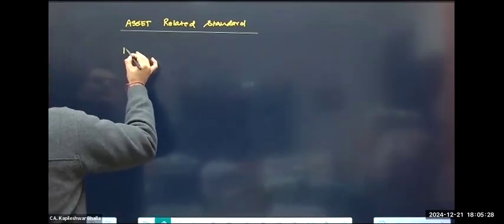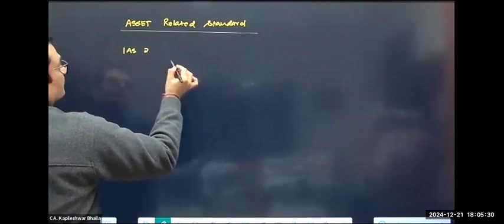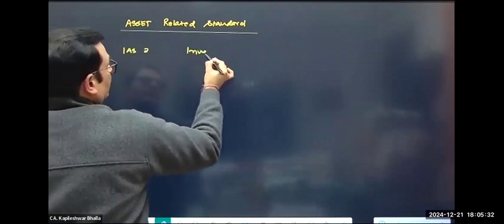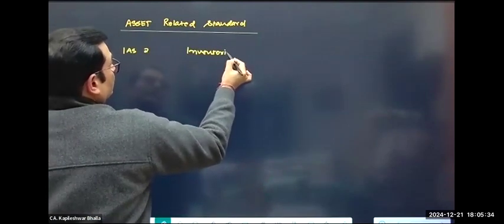So I'm basically going to start my chain in terms of what I call the asset related standards. More or less, the sequence which I'm giving you is what we're going to follow. We'll start with some simple standards and go on to more complicated ones. We'll start a journey with IS 2, which is called inventories.